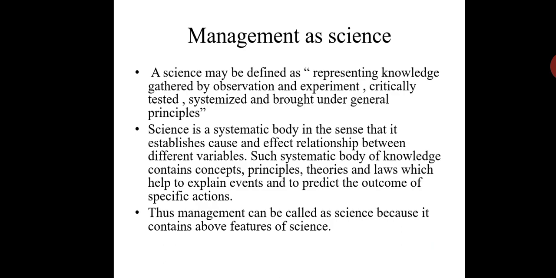It is a systematic body of knowledge which contains concepts, principles, and theories which help to explain events and predict the outcome. When you do management, you can predict the outcomes. Like you have 10 employees under you, you give every employee one project to do, so you know the result is going to be 10 completed projects. That is why management is called a science.